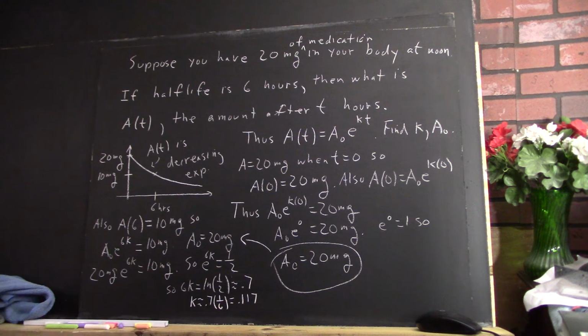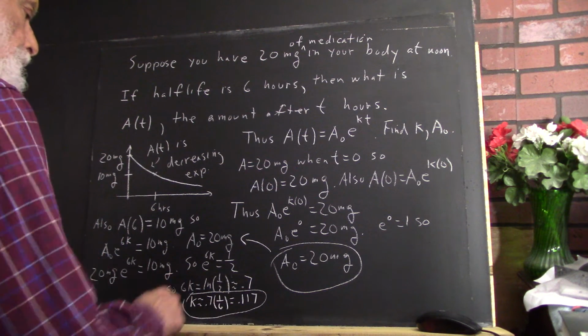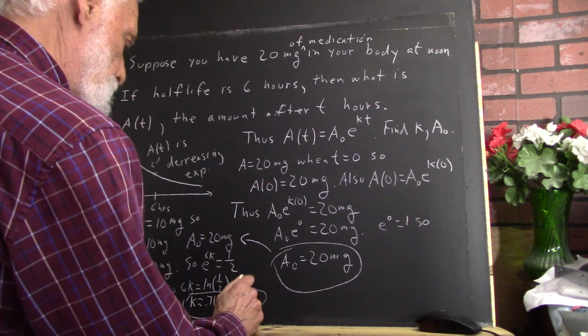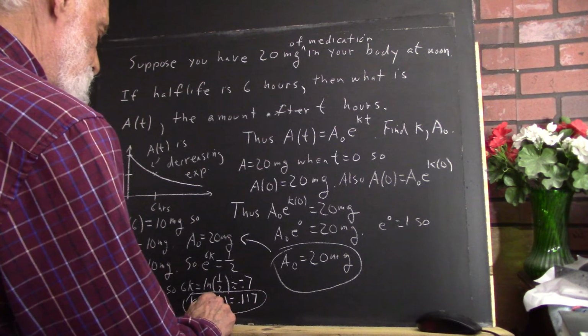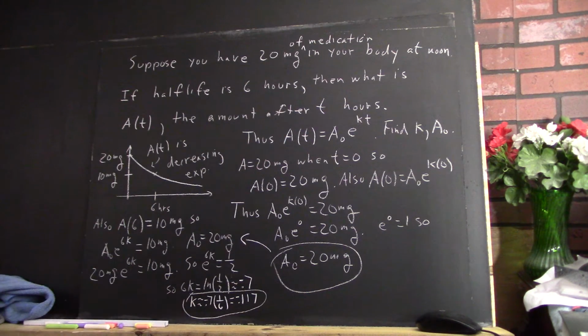So now we've got K. And also the natural log of 1/2 is not 0.7, it's negative 0.7. So K is negative 0.117.